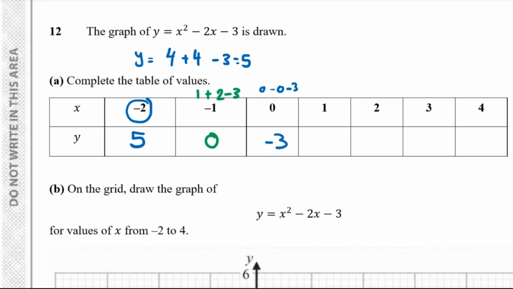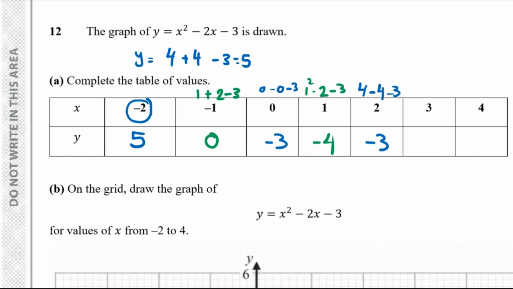And then when x is 1, 1 squared minus 2 minus 3, that means minus 5 plus 1 is minus 4. And then substitute 2. 2 squared is 4. Minus 2 times 2 is minus 4. And then minus 3. That means the answer is minus 3.